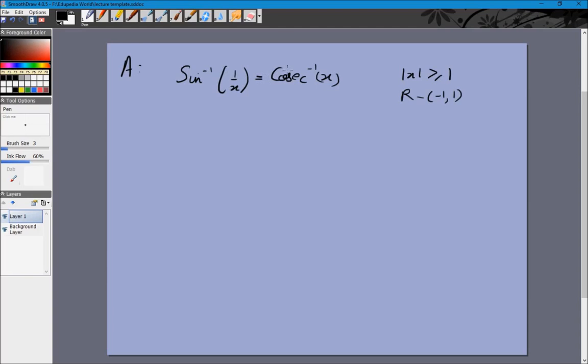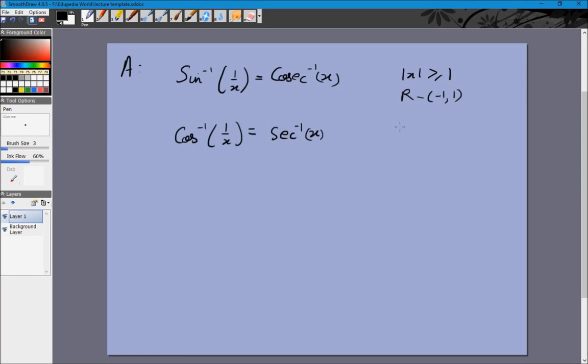I'll write the other two, and I'll prove one. You can try the proofs of the other two. So then you have the formula cos inverse of 1 by x is equal to sec inverse of x. And again, you need to know the proper domains.